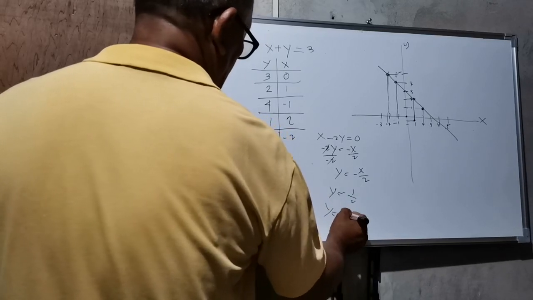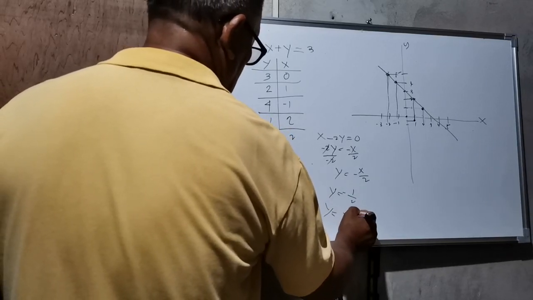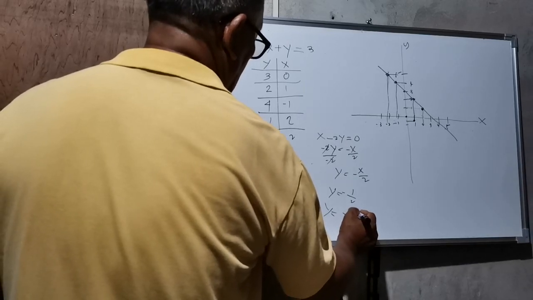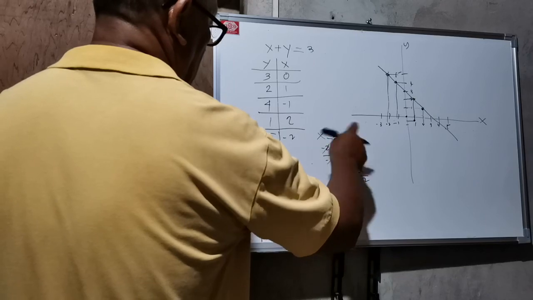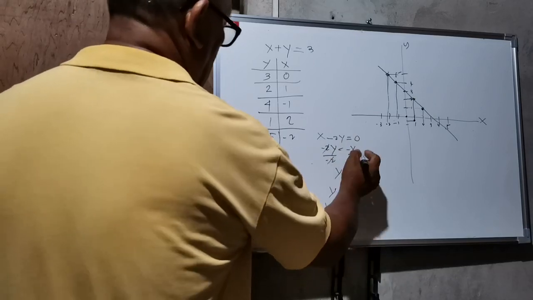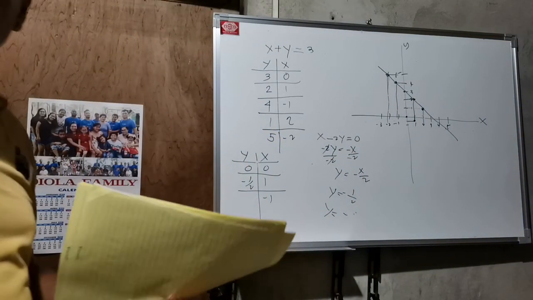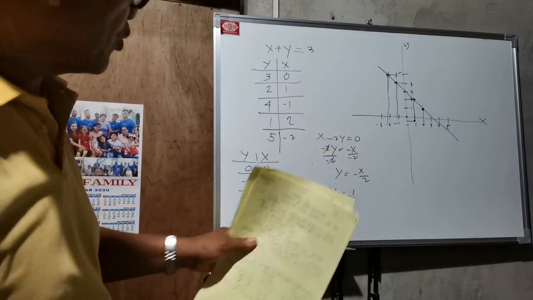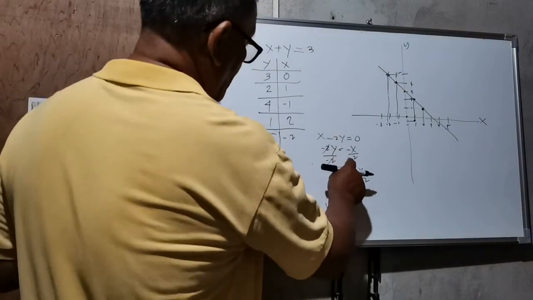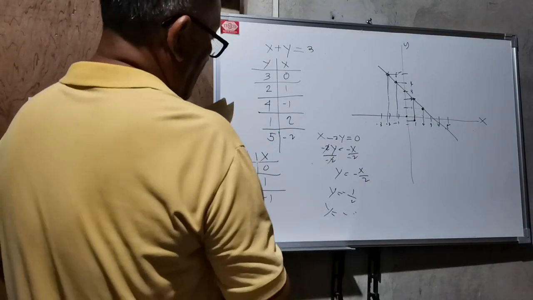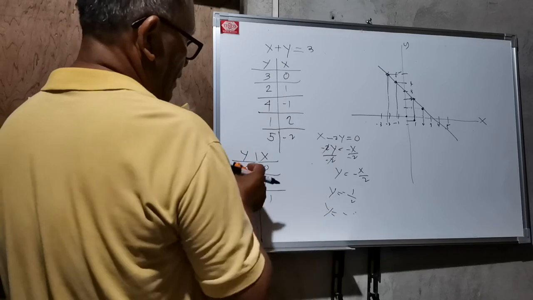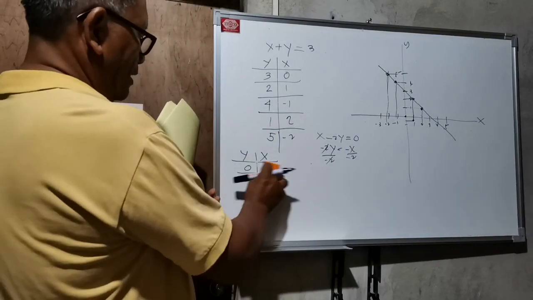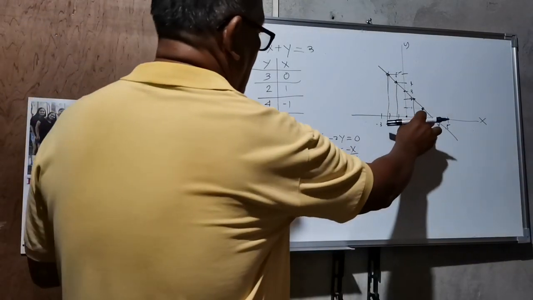Negative y is equal to negative x, negative 1 or negative... no. Okay, something's wrong with the computation. We are going to correct it. A while ago, in simplifying the equation, something's wrong. So, that's why we cannot get the true graph.